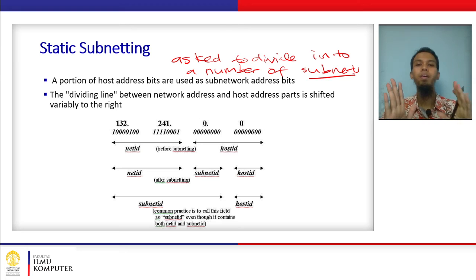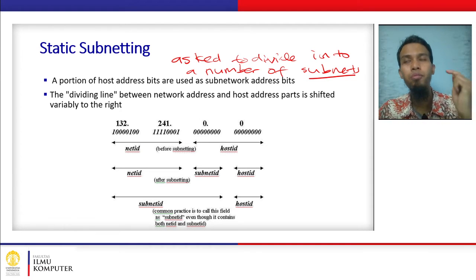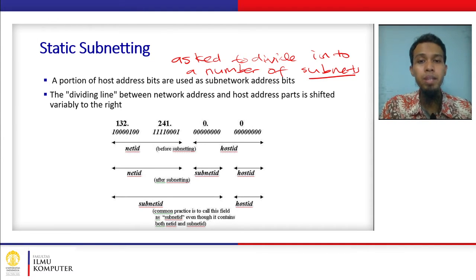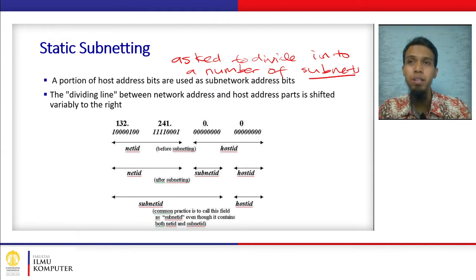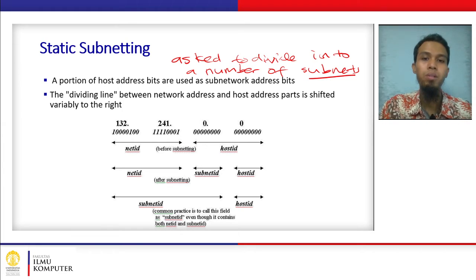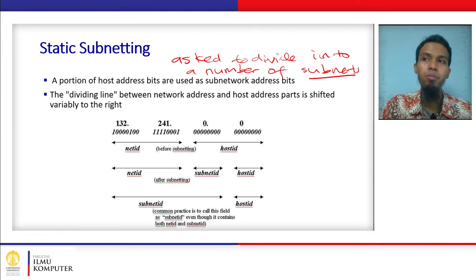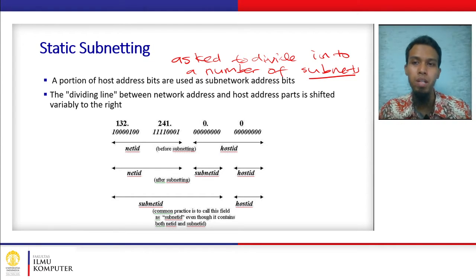In this case, we already know that we have to divide into a number of subnets. Then the number of hosts in each subnet will follow, because it is static, so each subnet will have the same number of hosts allocated.